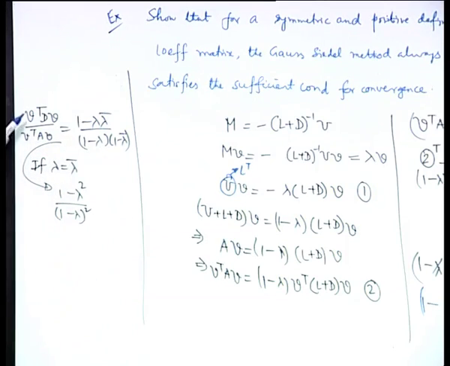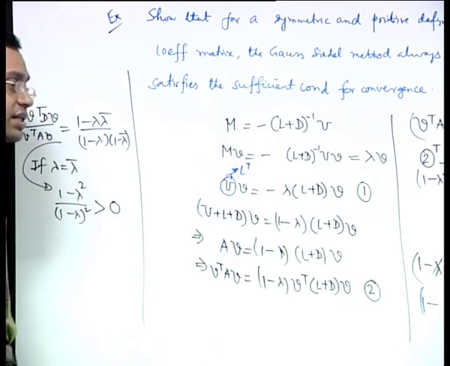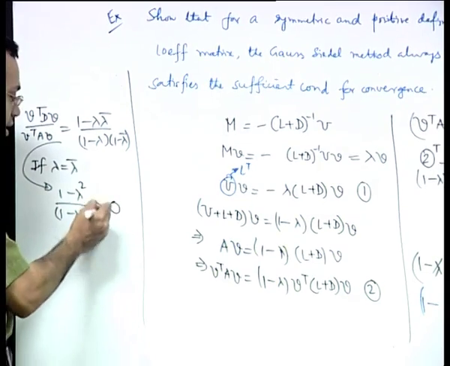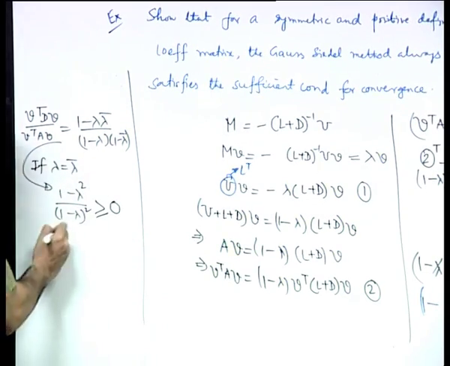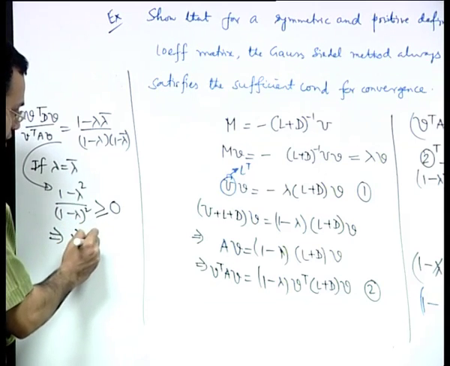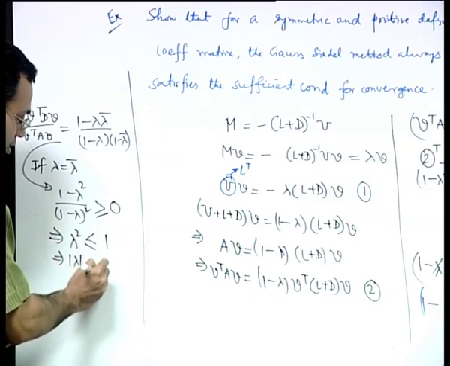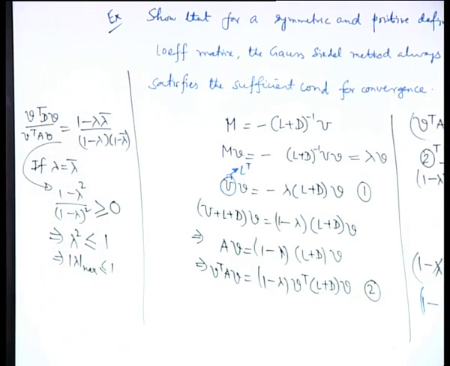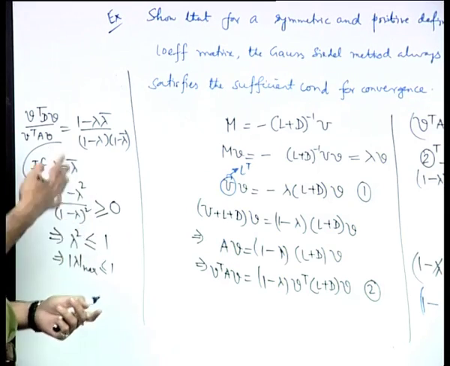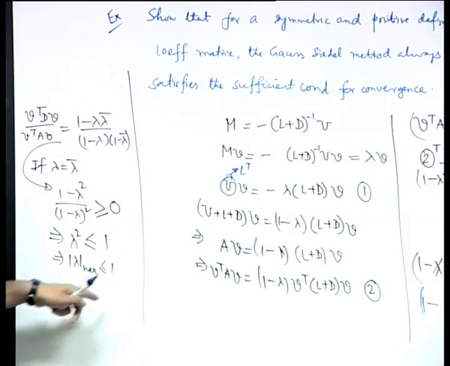Now V transpose DV is greater than 0, V transpose AV is greater than 0 for positive definite A, therefore this is greater than 0, in general greater than or equal to 0. That means lambda square is less than or equal to 1, or mod of lambda max is less than or equal to 1. Denominator is always positive. Okay. So if the eigenvalue remains exactly the same, it is very trivial to show that it satisfies the sufficient condition for convergence.